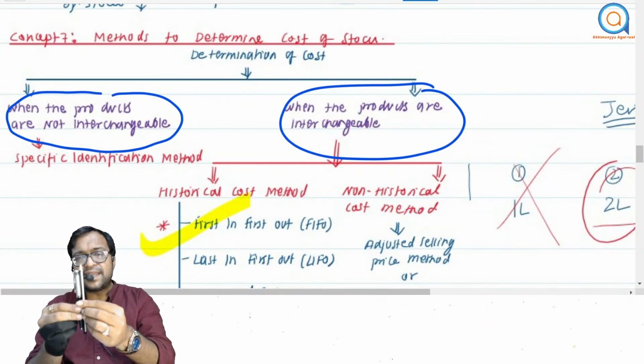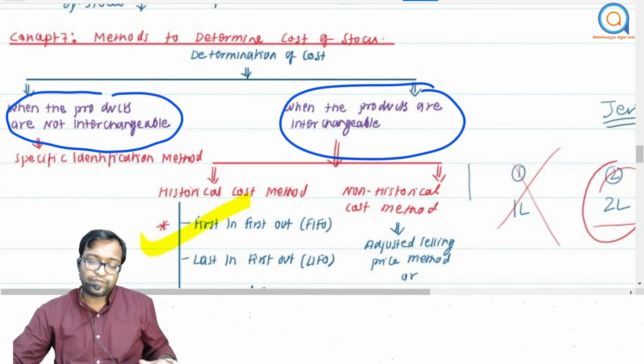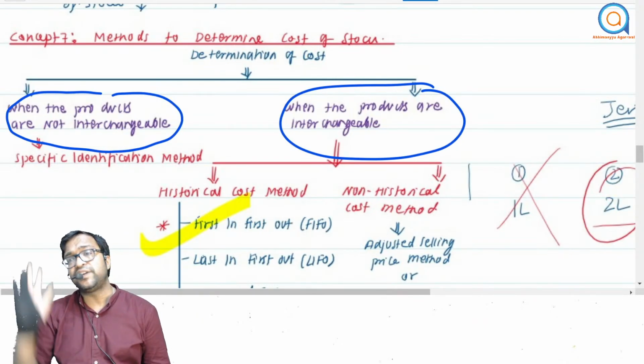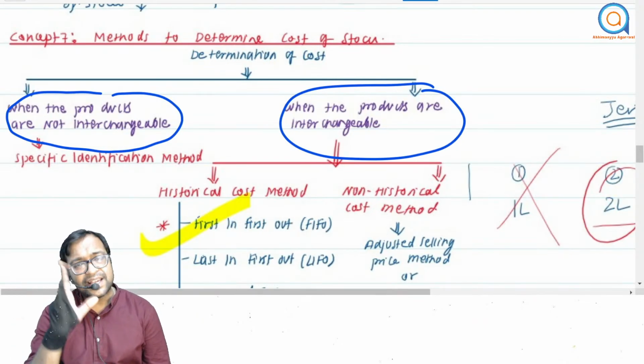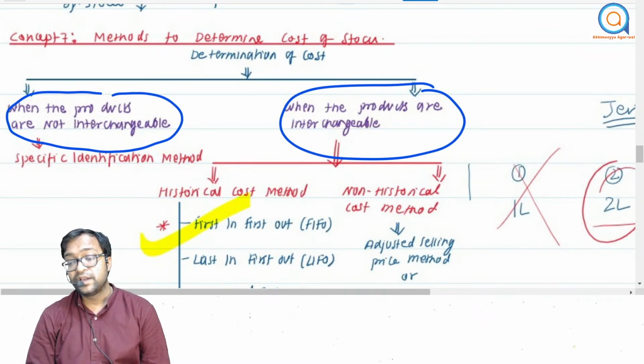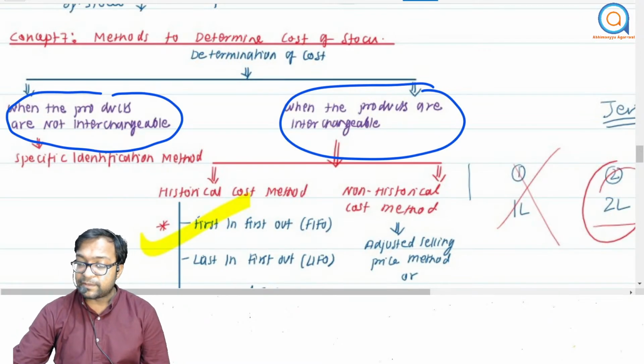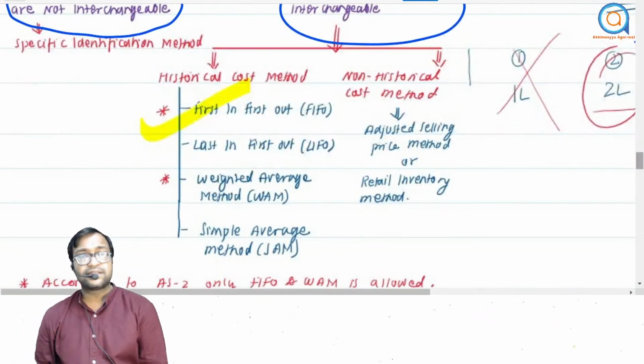No. Can I sell a pencil instead of pen? No. So they are not interchangeable. So in that case, we should use the specific identification method. Correct? But if the products are interchangeable, then there are many methods.